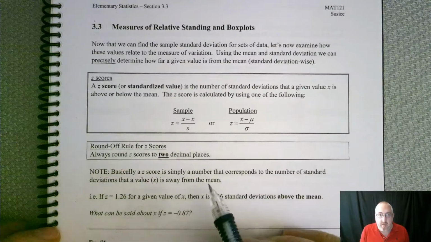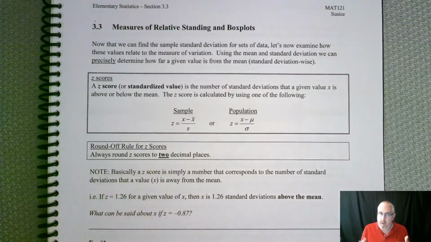What we're looking at here builds off of that: we're looking at how we can identify exactly how many standard deviations a value is away from the mean. It might be a fraction of a number of standard deviations versus just a whole number like 1, 2, or 3. So let's see what that looks like.